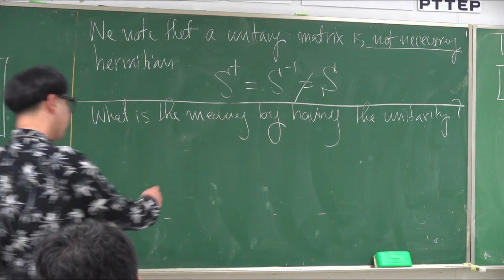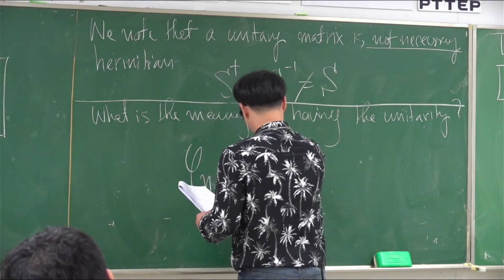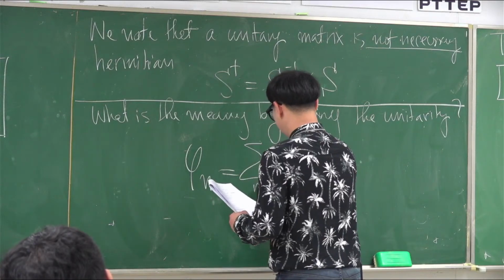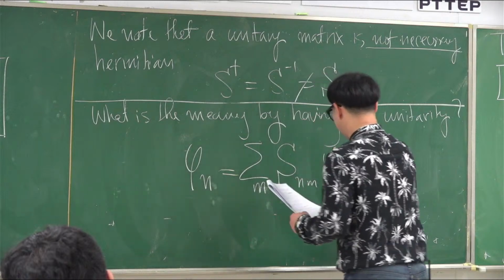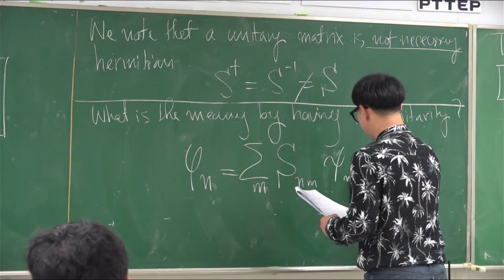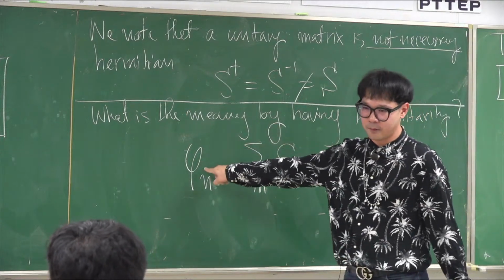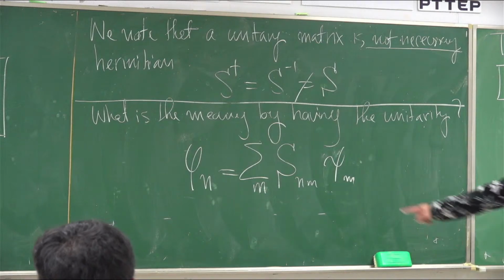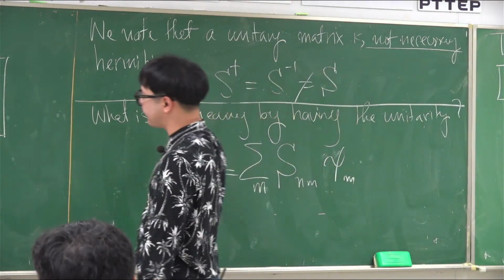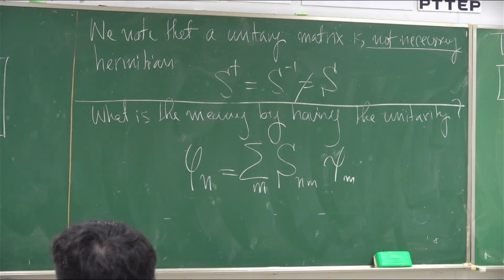Because we start from this transformation, right, from one set of basis to a new set of basis, and it turned out that this element of the matrix has to satisfy this unitary condition.